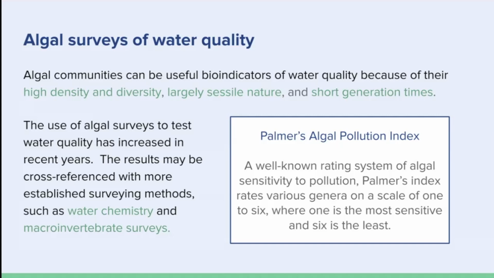An example of an algal survey technique is Palmer's algal pollution index, from a 1969 study by Palmer. It's a rating system where different genera of algae are rated on a scale of 1 to 6, where 1 is the most sensitive to pollution and 6 is the least sensitive. We'll also get back to that later.